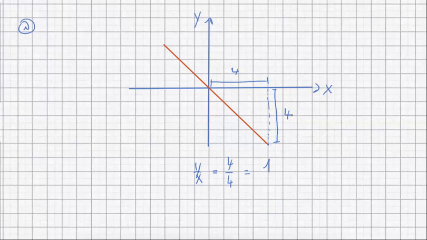It doesn't matter where you take that, because even if you take from this point, it will be 2 over 2, or 1 over 1. The important thing is the slope here is actually -1 because it goes down.